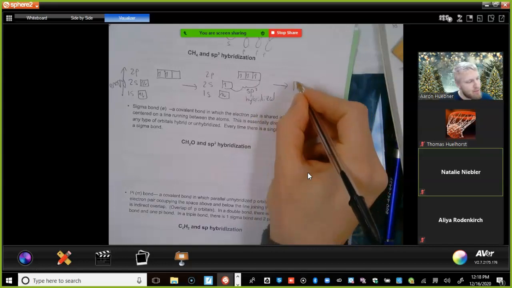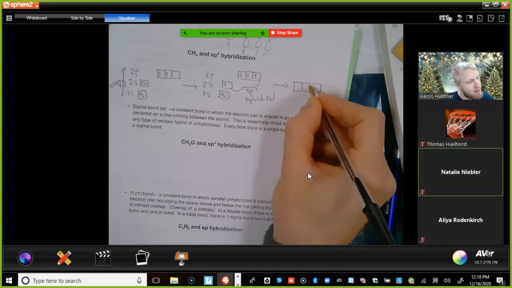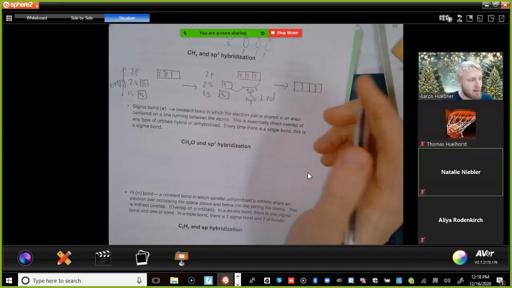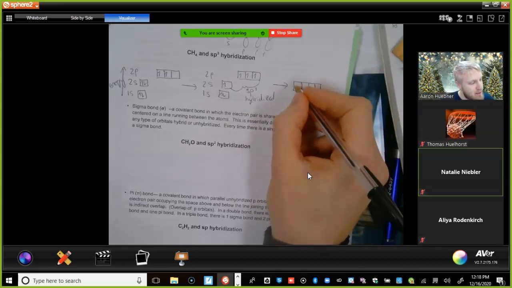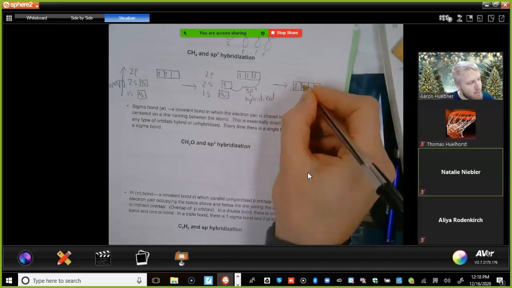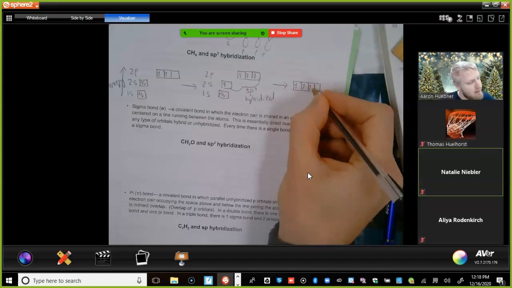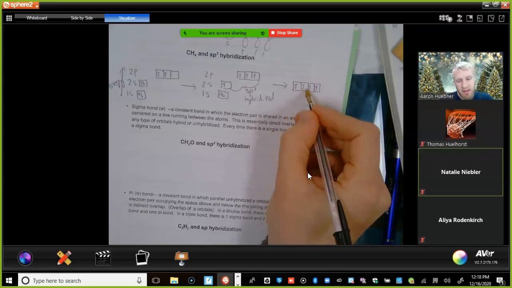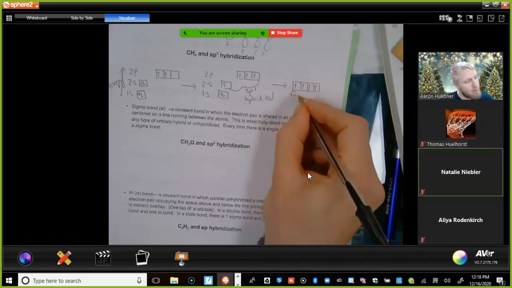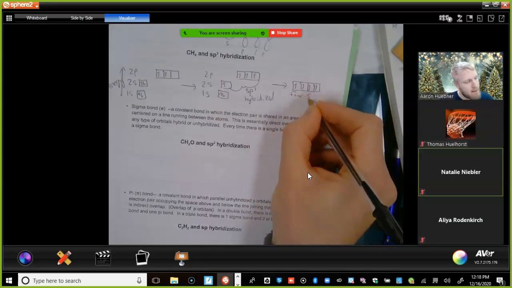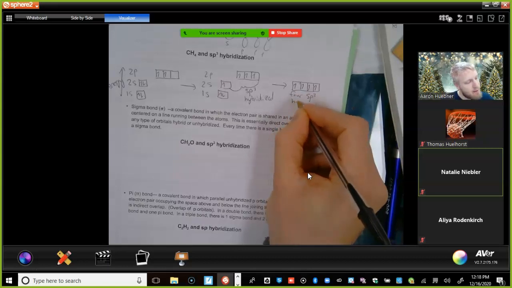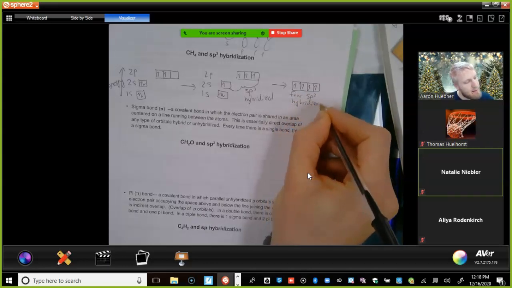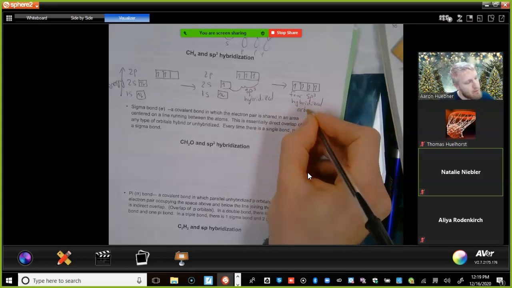So here's just kind of what it looks like if we're representing them with boxes. Because really we're trying to represent something that we cannot see. So we got the s, p, p, p for sp3 hybridized orbitals.